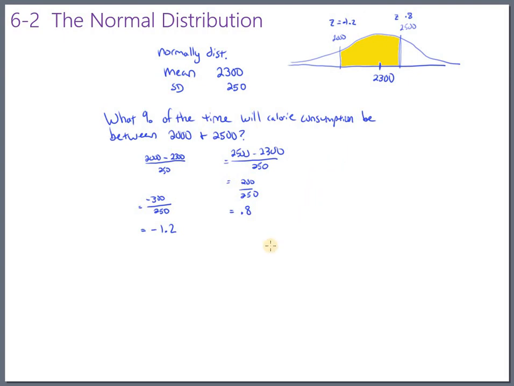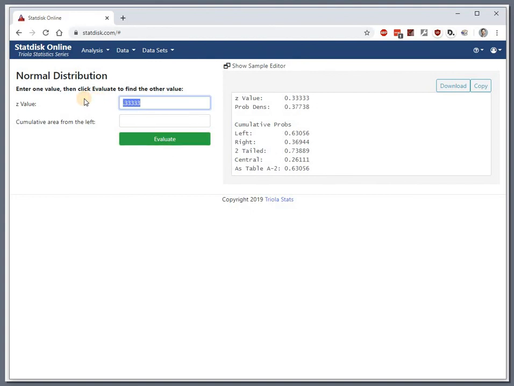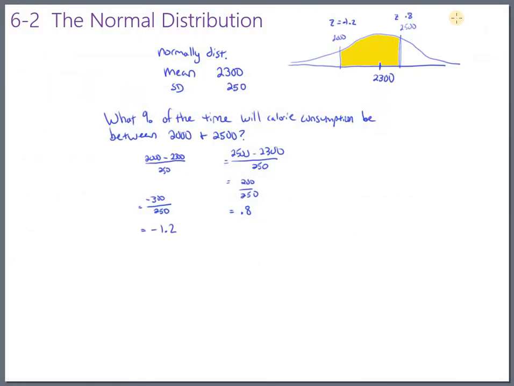Okay, so let's go back to StatDisk. And let's focus on this z-score of 0.8 first. So let's put a 0.8 in for a z-score. And it tells me the cumulative area to the left is 0.78814. So I just figured out the cumulative area to the left of 2,500 all the way down to the end.